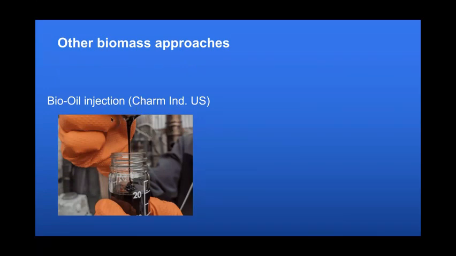There's a company called Charm Industry, and they take biochar one step further and make this thing called bio oil. So they have a different process that similarly uses pyrolysis, so burning without oxygen, but they have it so that it turns it into an oil. And then their idea is to take this oil and bury it somewhere, put it underground, so you'll never see it again.